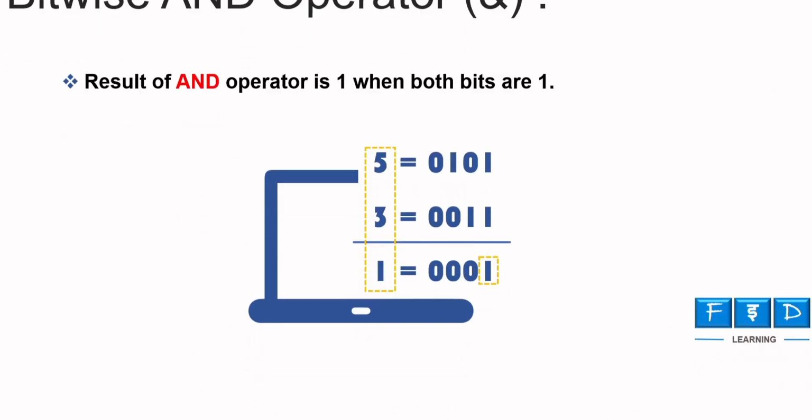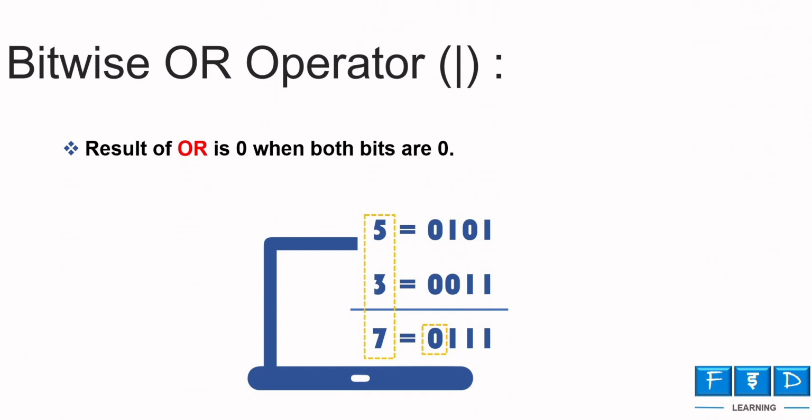Next, understand the bitwise OR operator. It is indicated by a single vertical line, also takes two numbers, and performs the OR operation. The result of the bitwise OR operator is 0 only when both bits are 0. Let's understand the same example with the OR operator.